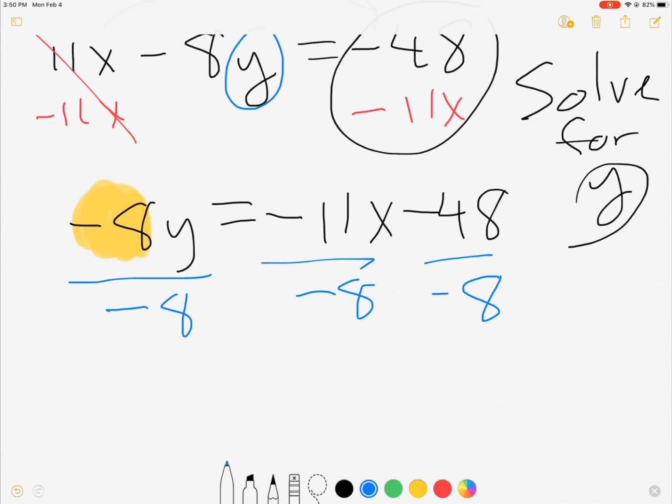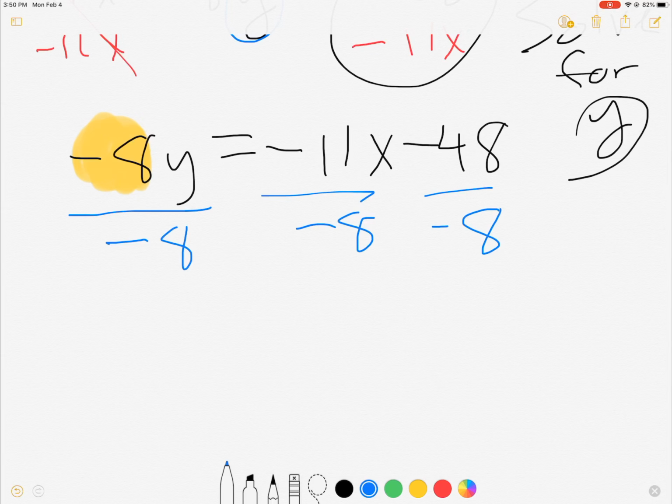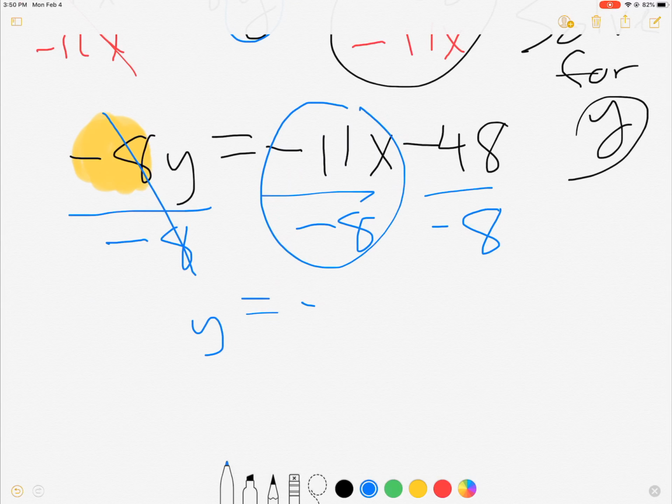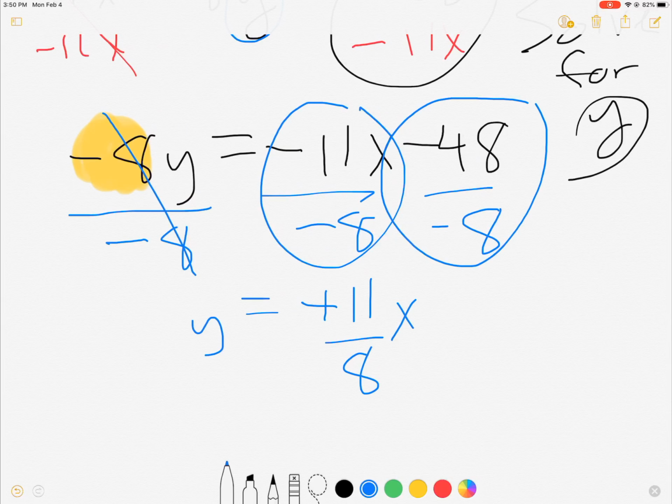So once again, I'm going to move up. That equals positive 1, so I can just cross that out. So you have y equals, we know that when you divide this, you're going to get positive 11 over 8 x. And 8 goes into negative 8, it's going to give negative 48 divided by negative 8.